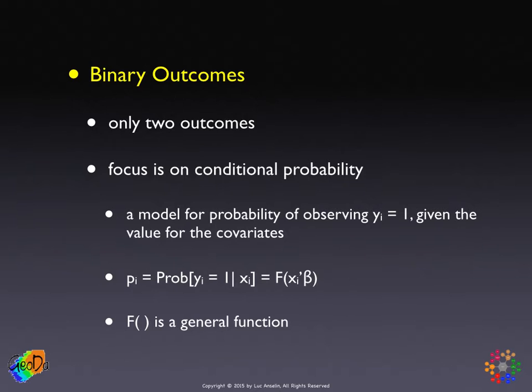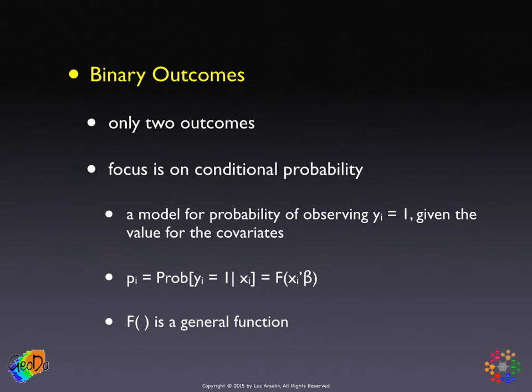So what we're interested in is understanding the probability of observing an event, for example, and that is coded as 1. And specifically, since we're doing regression analysis, we're interested in the conditional probability.